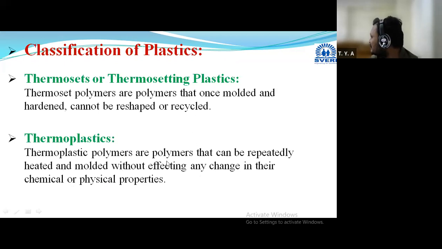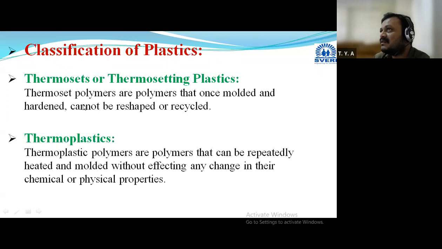Are you getting this? Plastics are classified in two basic types. A number of types may be there, but depending on their ability to be reshaped or molded, we have classified them into two types: thermosetting plastics and thermoplastics.